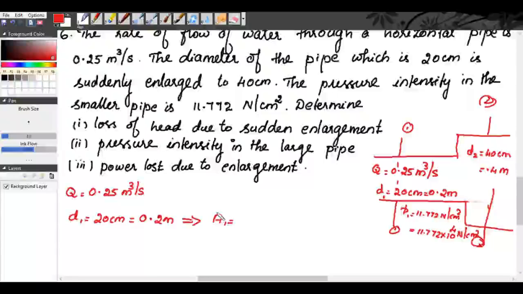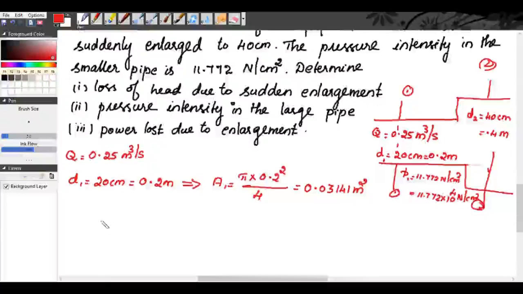A1 is equal to pi into D1 square, that is 0.2 square, divided by 4, pi D square by 4 or pi R square. So we get A1 is equal to 0.03141 meter square.